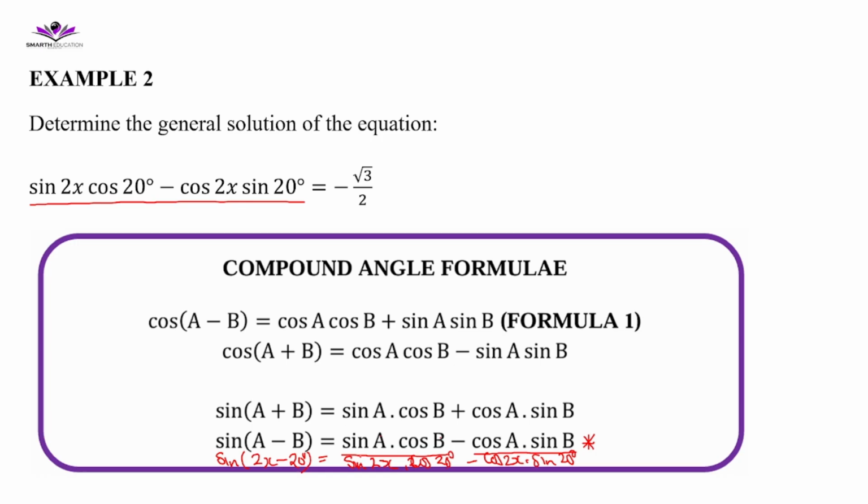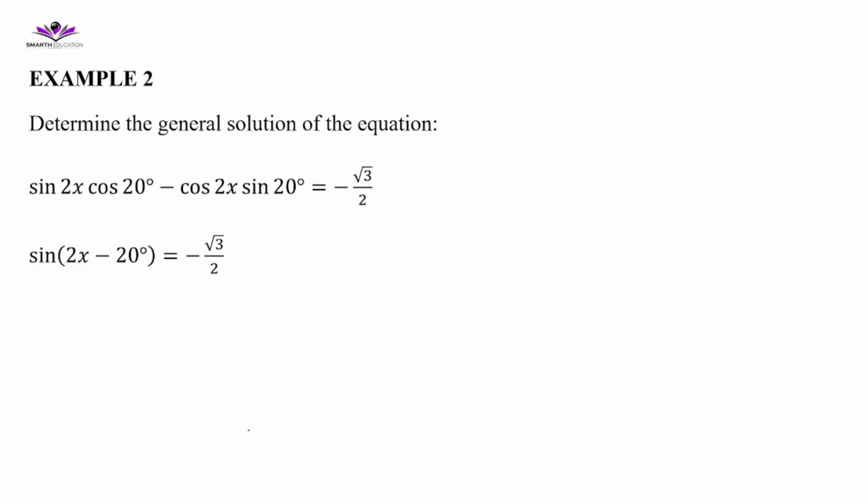You see that? So this can be reduced to this, and after that, you can easily solve the equation. Let's do that. So we've managed to reduce this to sine of (2x minus 20 degrees).